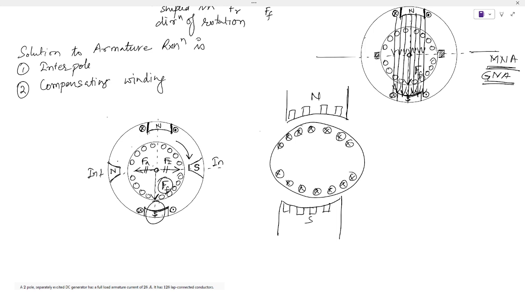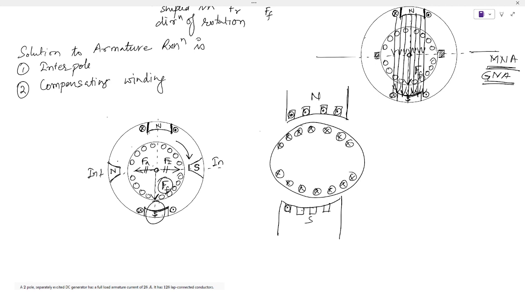What we will do, if this is cross, we need to have dot here. So windings will be placed such that they have opposite nature with respect to the armature conductors.